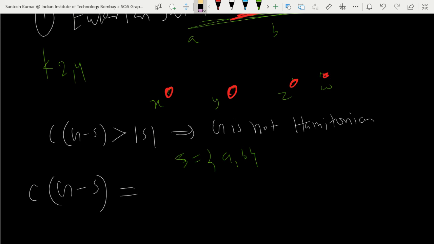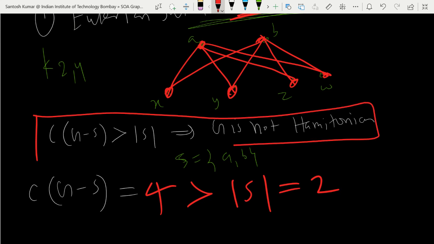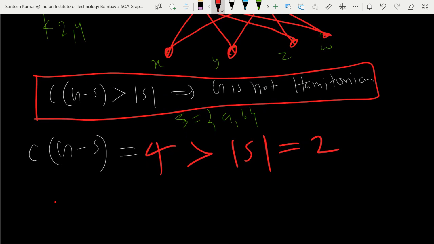Fine. No, this cannot be done on the notebook, but you have to imagine. So if you remove them, you have 4 components, and that is more than mod S. Mod S is 2. So that was the result, the necessary condition for Hamiltonian. So therefore G is not Hamiltonian.